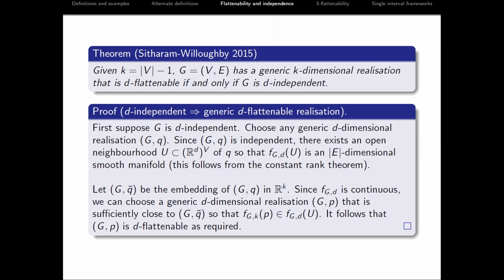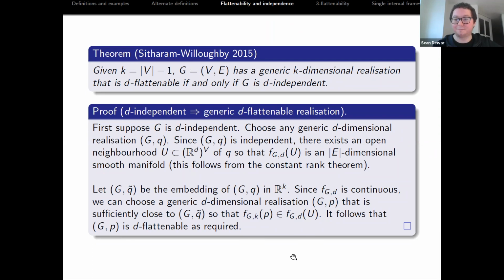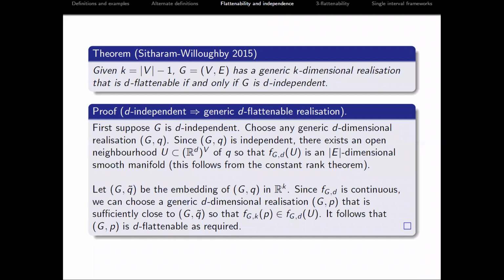Can you explain the next sentence? Since F is continuous, we can choose a generic d-dimensional... so that's supposed to be K. This is a typo. So this is supposed to be a generic K-dimensional realization GP that is sufficiently close to this so that its set of edge lengths lies inside this open set here. So we're thinking that the coordinates are very near 0 in all the extra coordinates of RK.